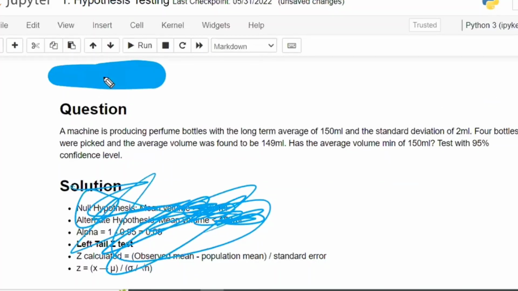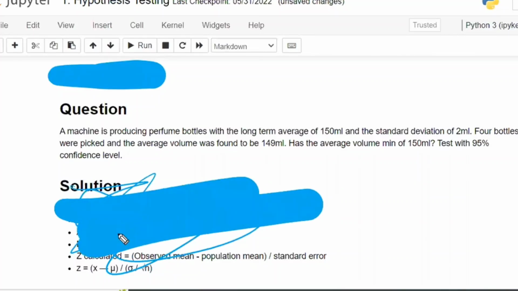Formulate the null and alternate hypothesis, please, for the given question. Of course, many of them have seen the answer, but still.